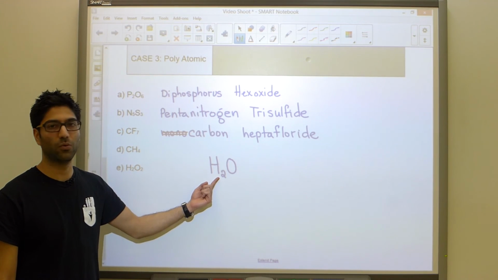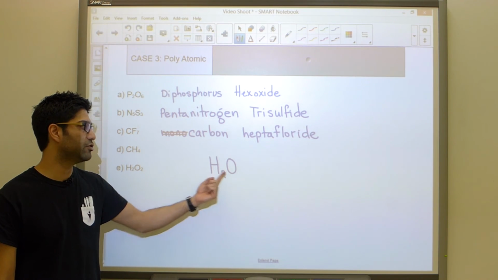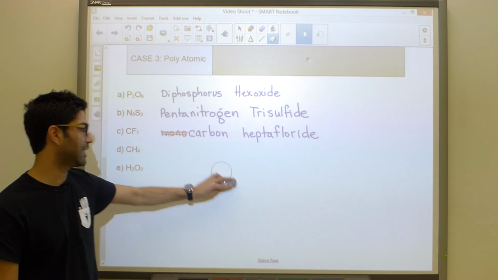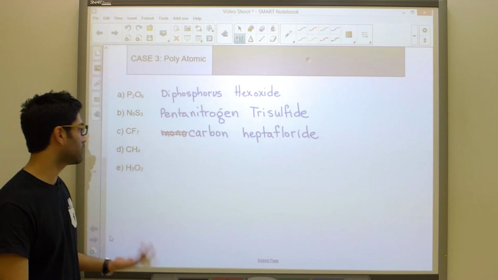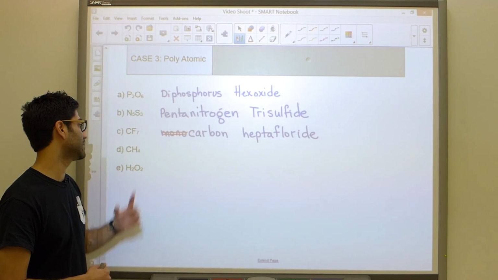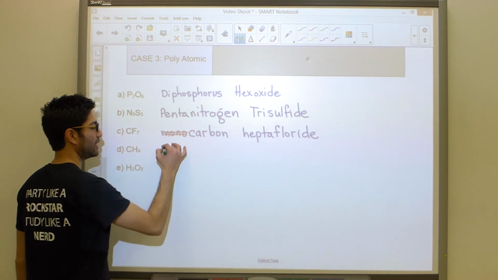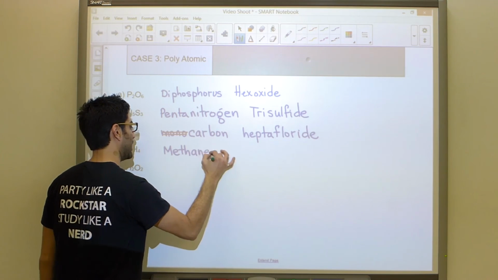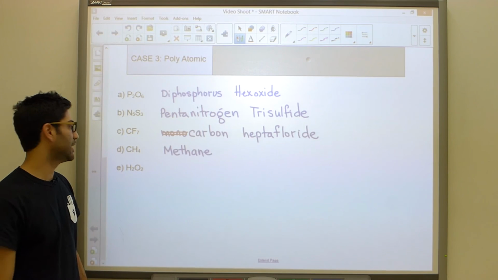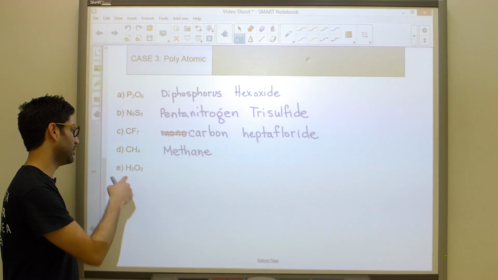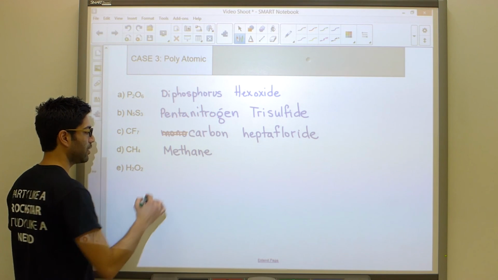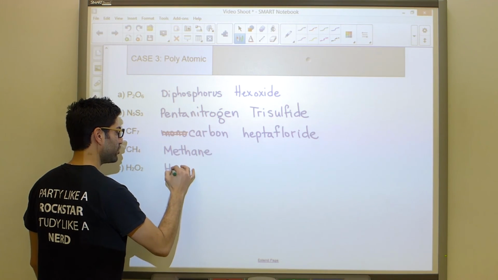You would call this water and not dihydrogen monoxide. Similarly, there are certain other ones in the list that you have in your notes that you straight up have to memorize. For example, CH4, guys, is methane. And again, not monocarbon tetrahydride. Similarly, H2O2 is also special enough to have its own name. We call this guy hydrogen peroxide.